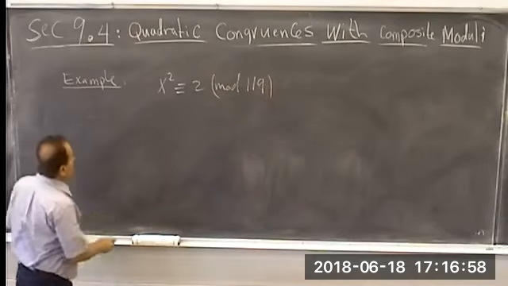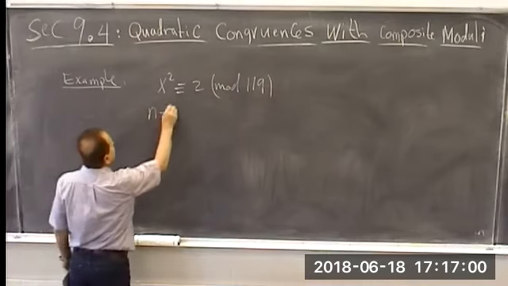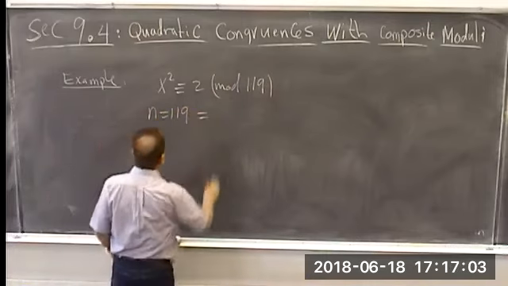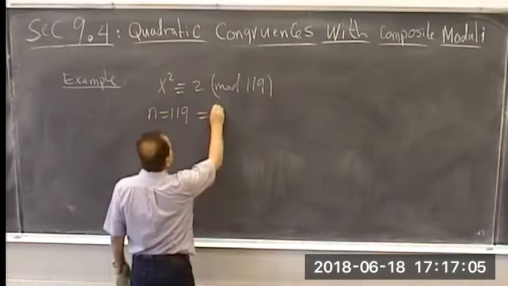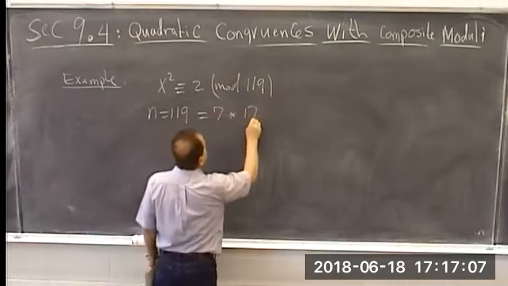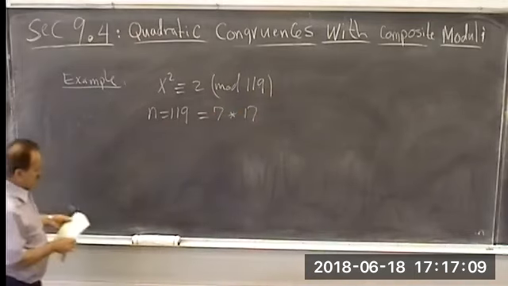First of all, 119 is a composite, and it is equal to 7 multiplied by 17. So these are the 2 prime factors of 119.